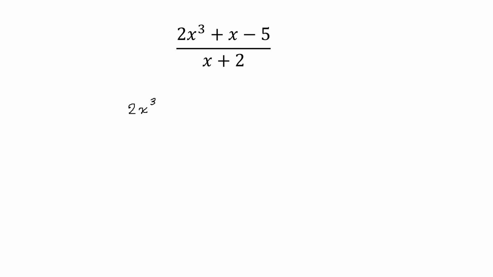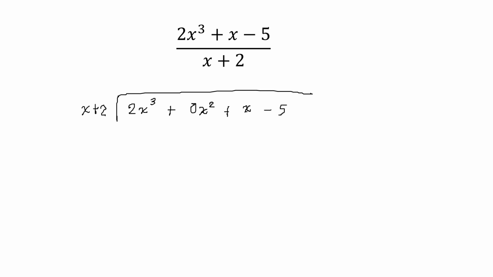There's no x squared, meaning there's a 0 times x squared here. It's the same as 0. That's another way of looking at it. And there's 1x here, and there's negative 5. Okay, and the divisor, x plus 2.